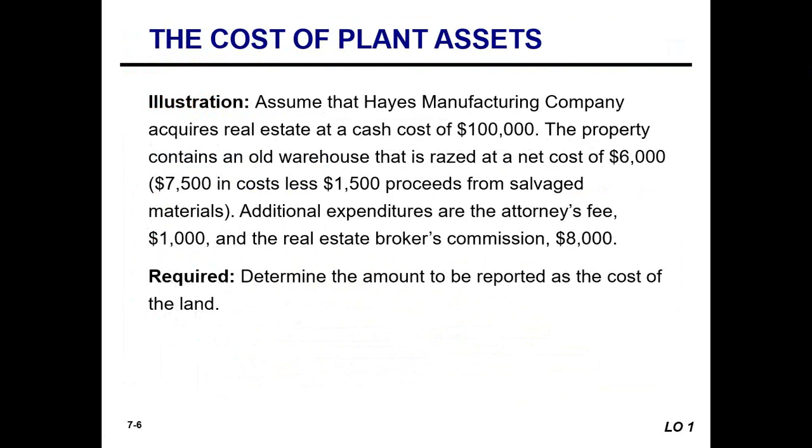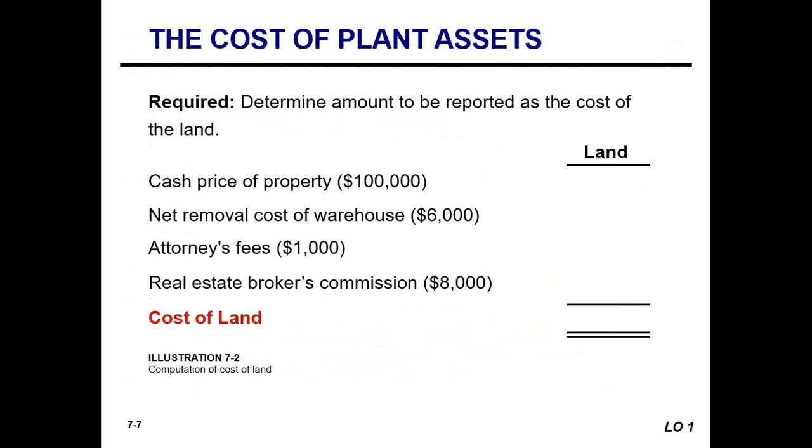So what is the cost of the land? The cash price, the net between tearing the warehouse down and our salvage value, our attorney's fees, and the commission. So the total cost of the land is $115,000.